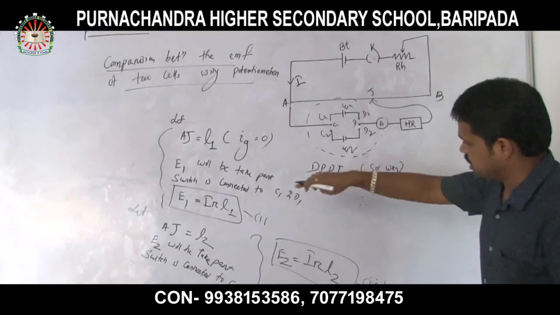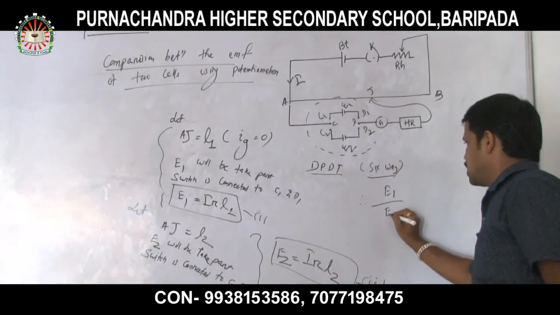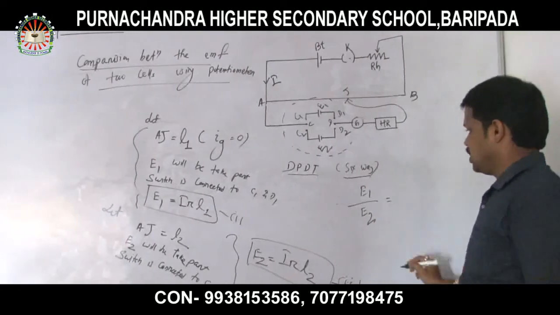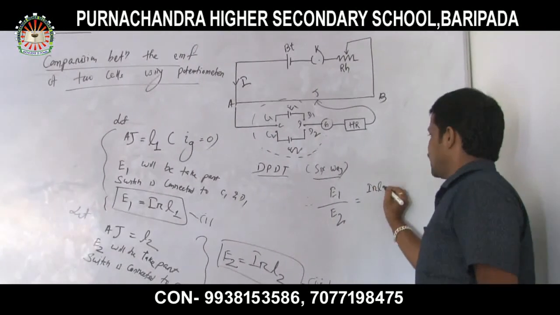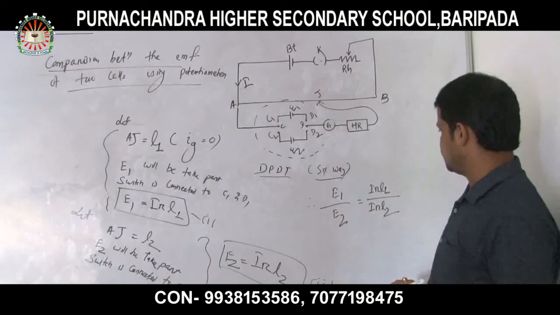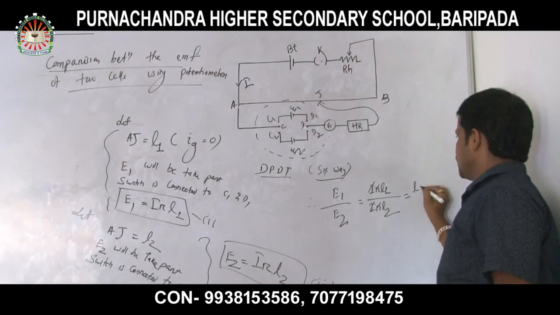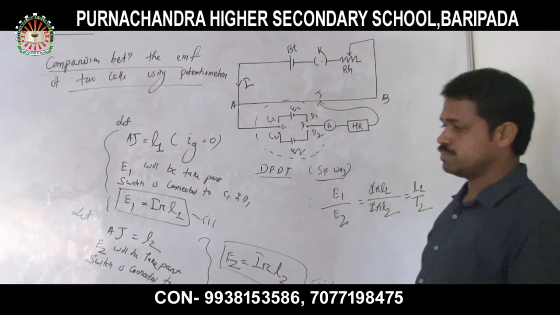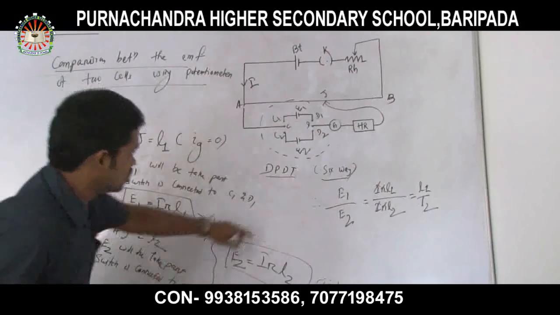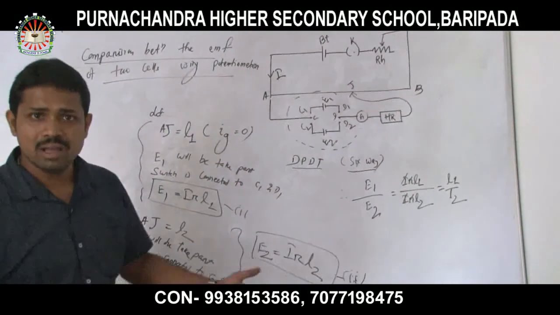Comparing equation 1 and equation 2, E1 divided by E2 is equal to I R L1 divided by I R L2. Very simple. The I R cancels out, so E1 divided by E2 is equal to L1 divided by L2. Clear?